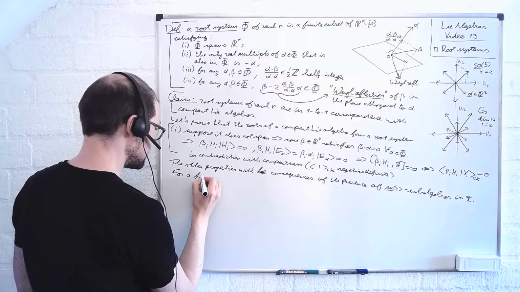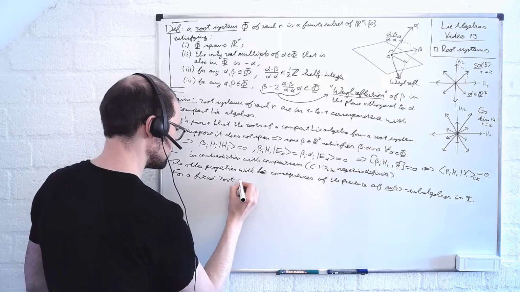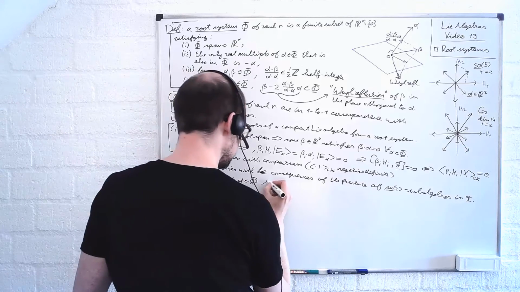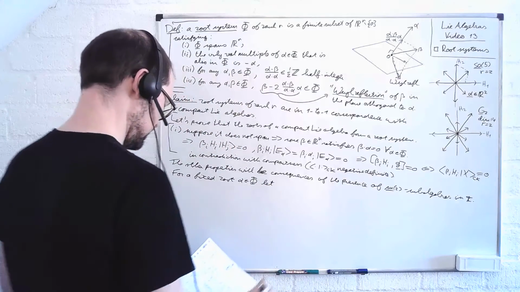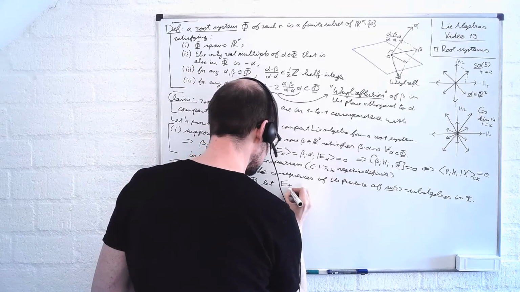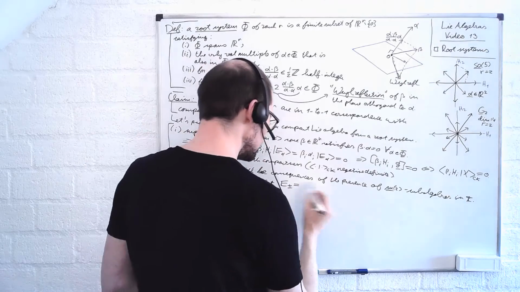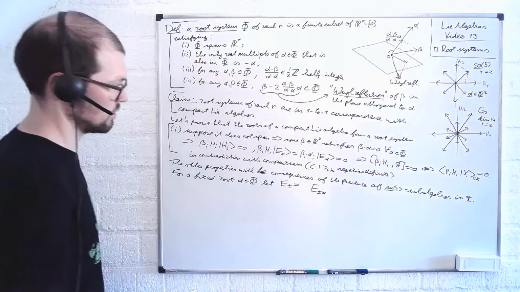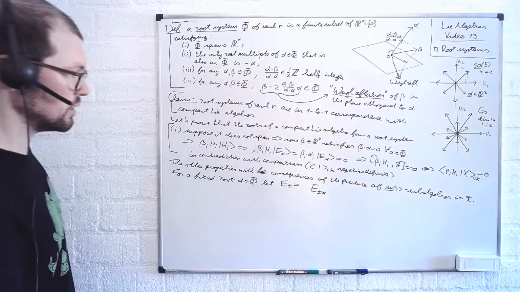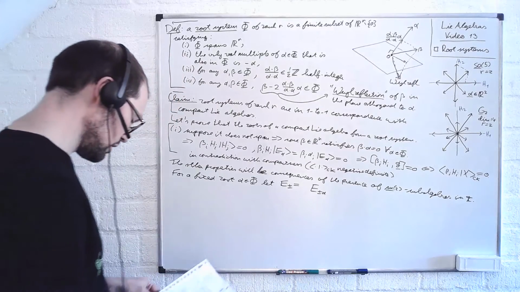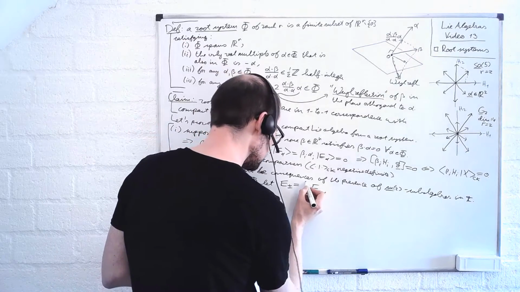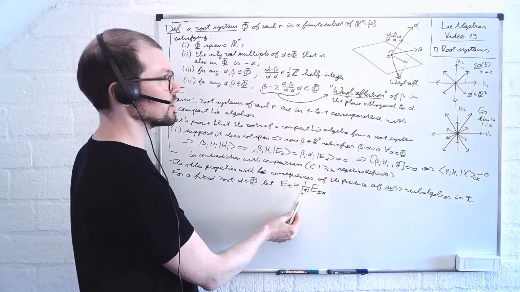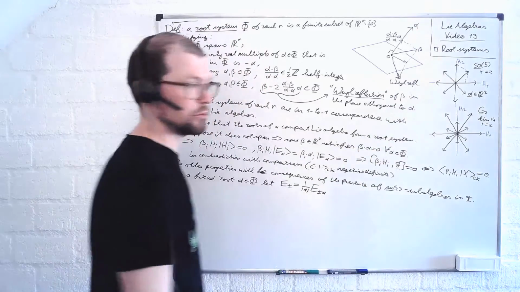So for a fixed root alpha, let's write E_plus-minus to be the generator E_plus or minus alpha, but let's normalize it properly. We normalize it by the norm of this vector alpha, which is just the Euclidean norm, the length of the vector.